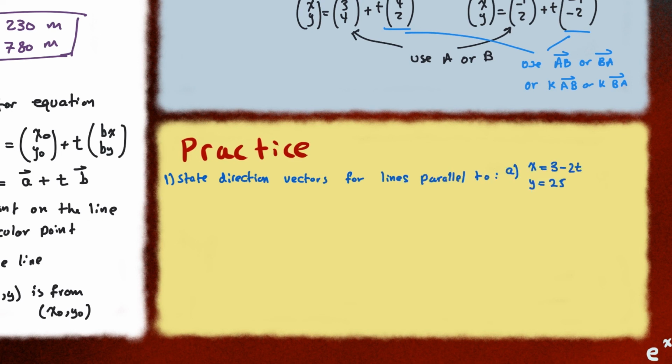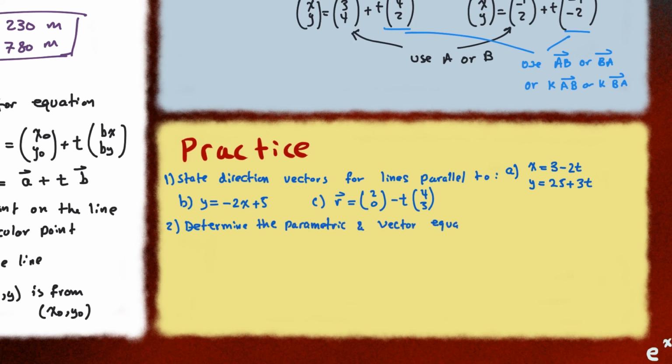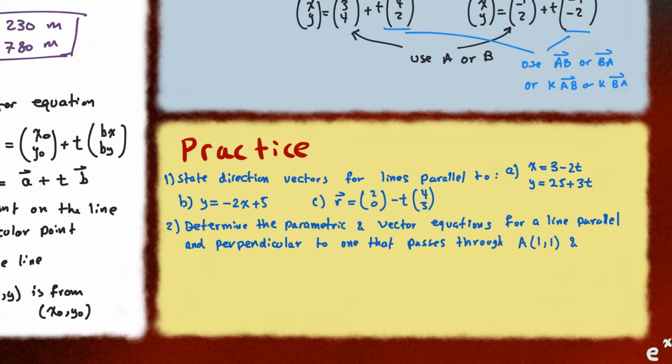I hope that this video was helpful in giving you an idea about parametric and vector forms of equations for a line. In mathematics, form is a huge concept, and you can write the same things in many different types of form, and each form has its own advantage.